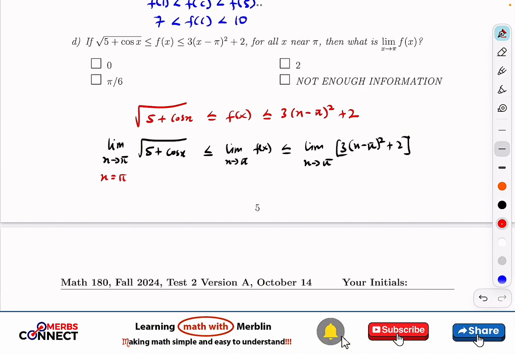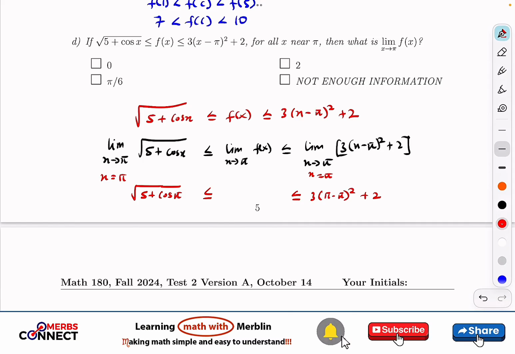Set x to be equal to pi. So it means that here is going to be square root of 5 plus cos pi less than or equal to everything in between here, less than or equal to, setting x to pi, (3 pi minus pi) squared plus 2. So let's see what is going to happen here.